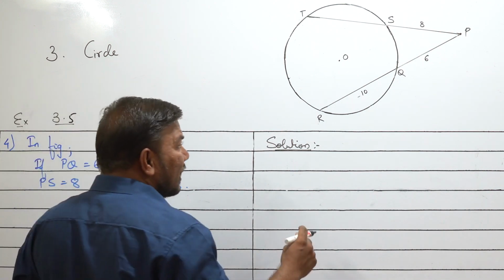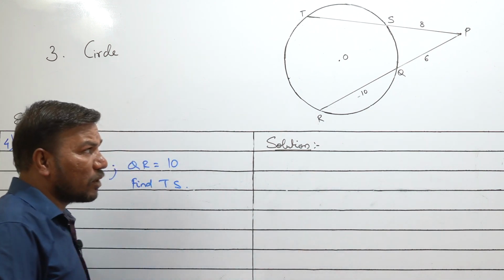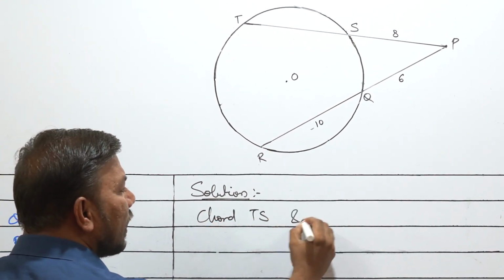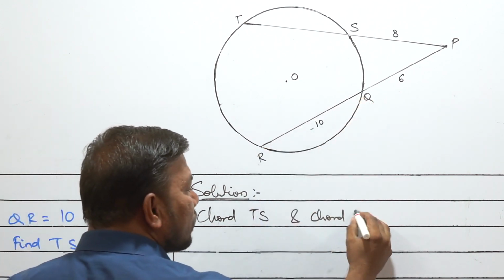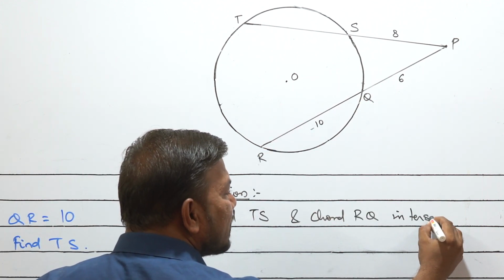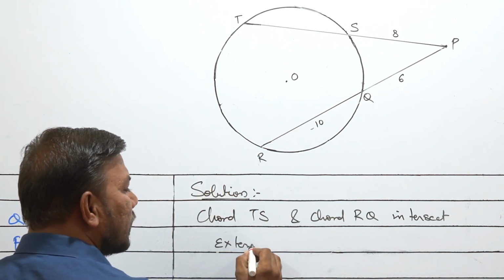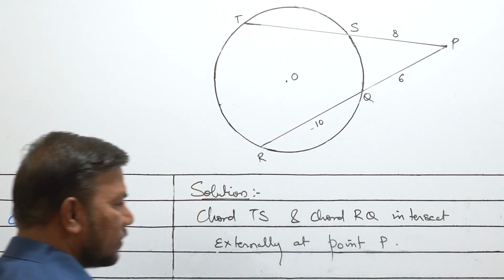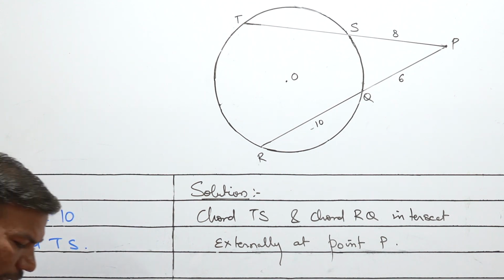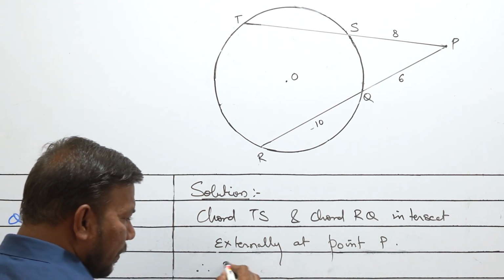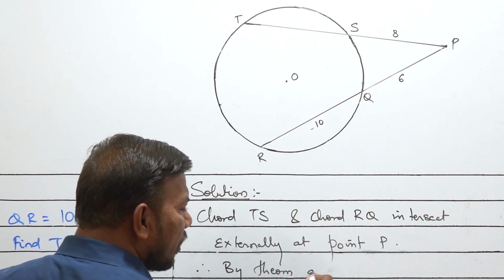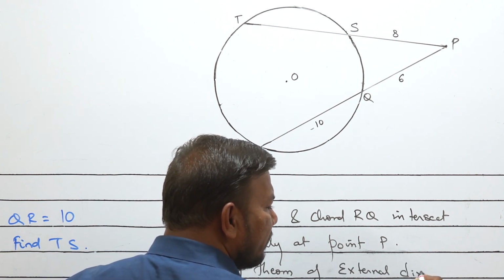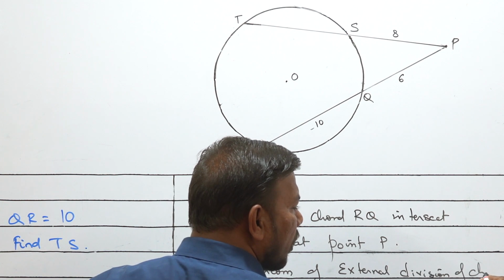Fine. So there is a theorem for this. I'll write first: chord TS and chord RQ intersect externally at point P. Now here, by the theorem of external division of chord.